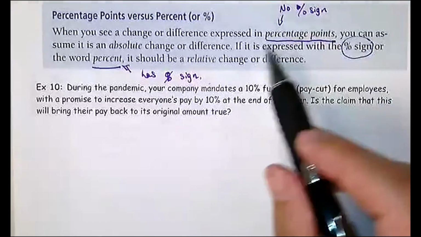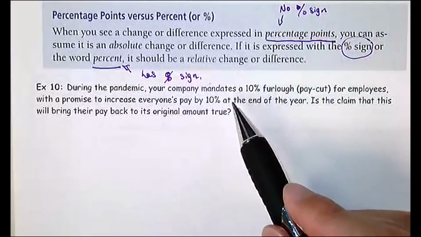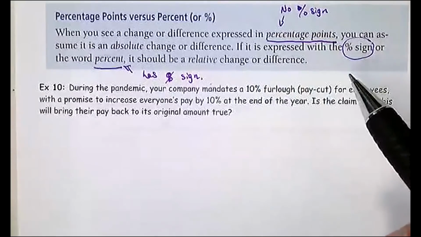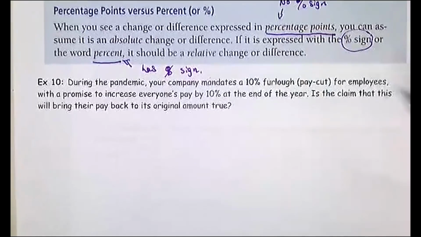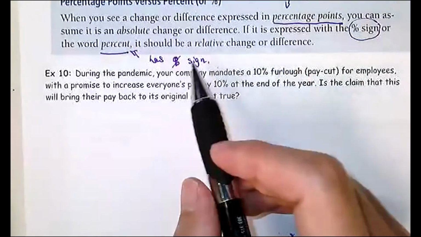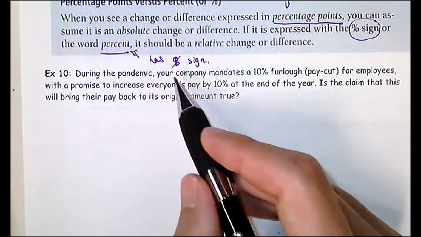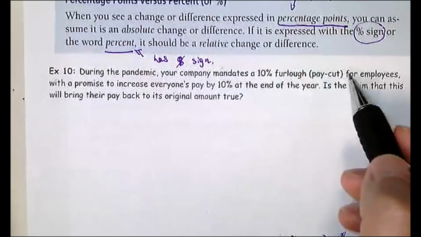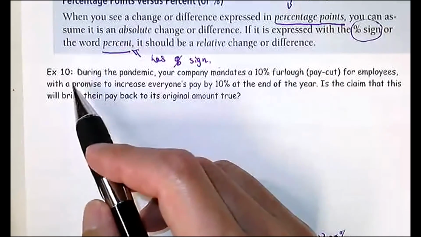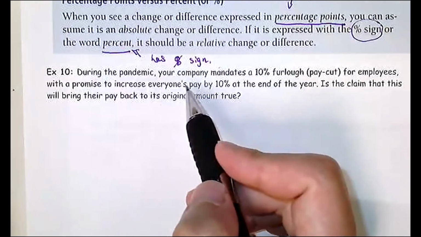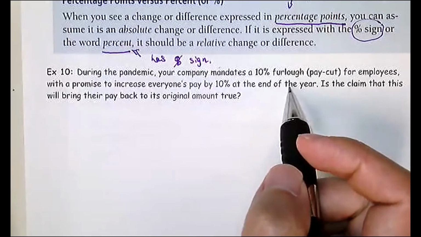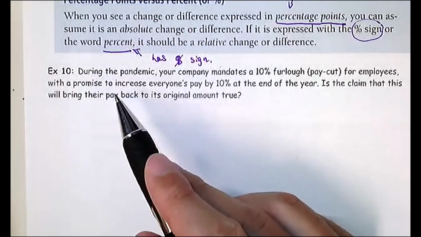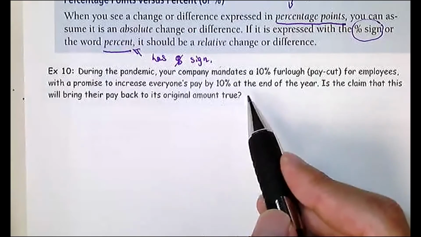Okay, anyone has any question about this statement before we continue to example 10? Okay, so let's continue to example 10. During the pandemic, your company mandates a 10% cut for employees, with a promise to increase every day's pay by 10% at the end of the year. Is the claim that this will bring their pay back to the original amount true?